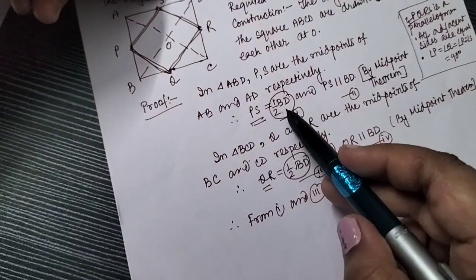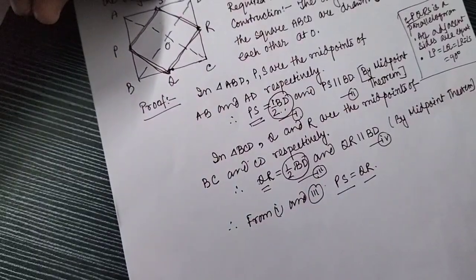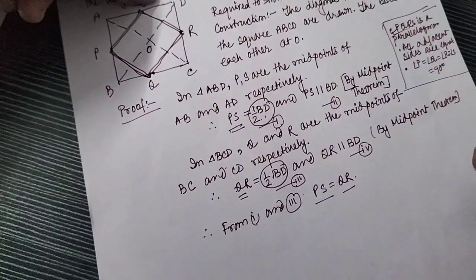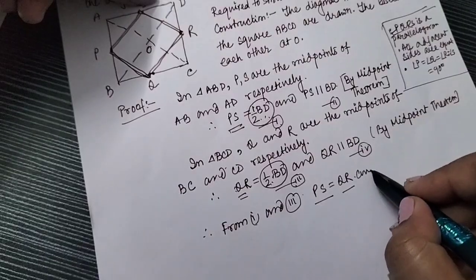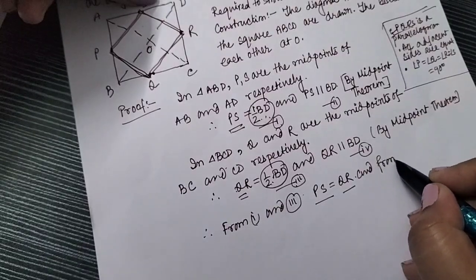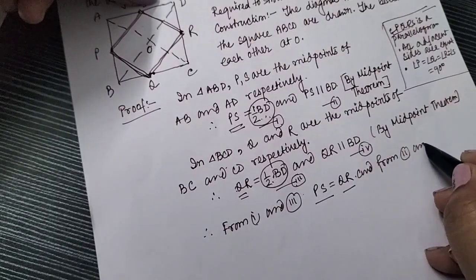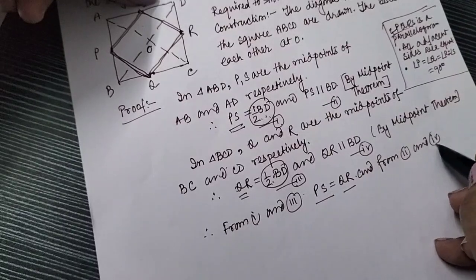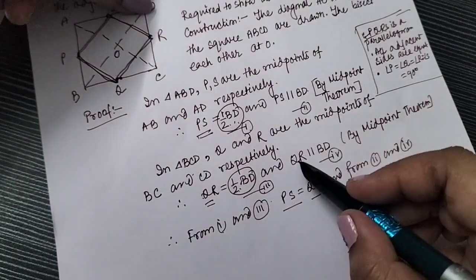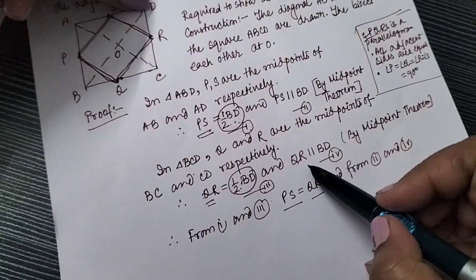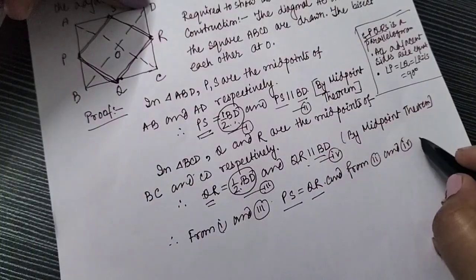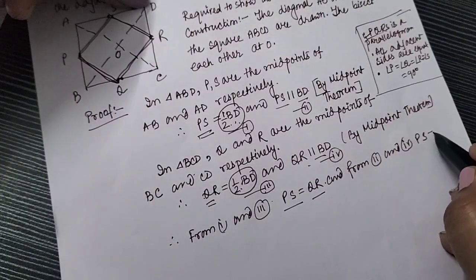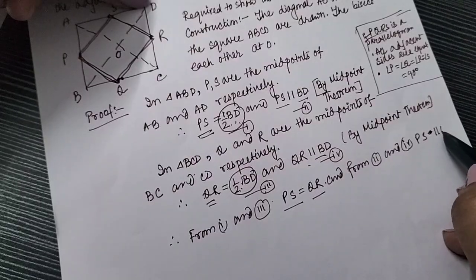And from 2 and 4, easily we can say PS is parallel to QR. Why? Because both of them are parallel to the same side BD.